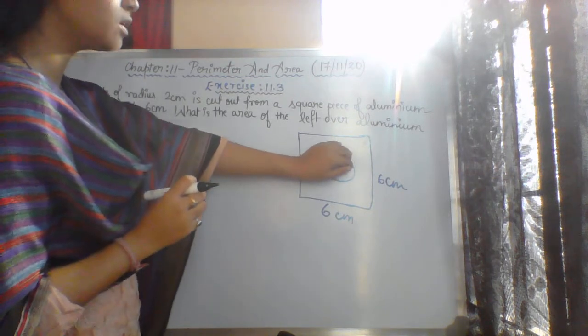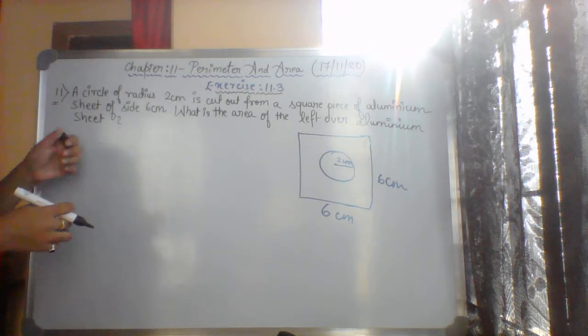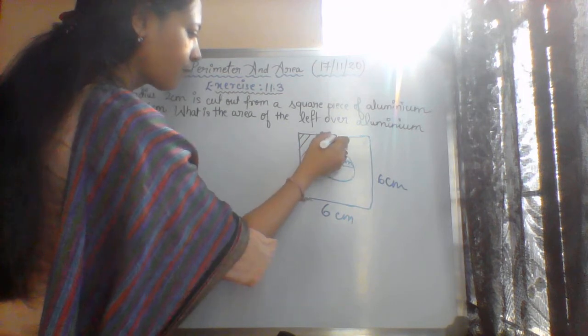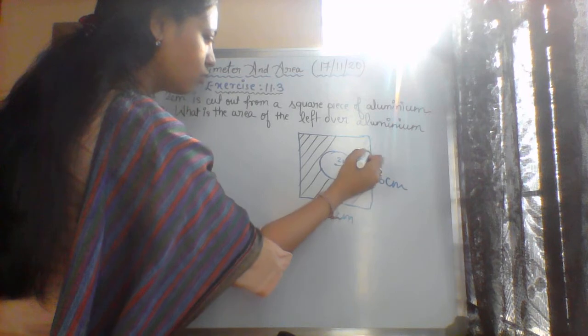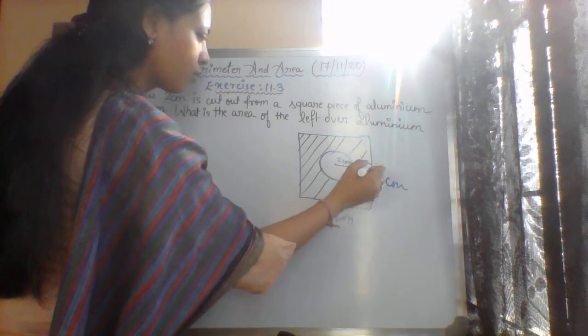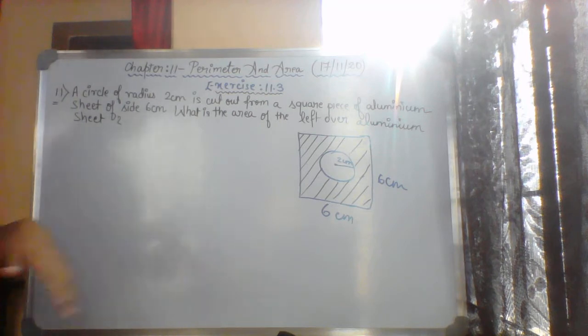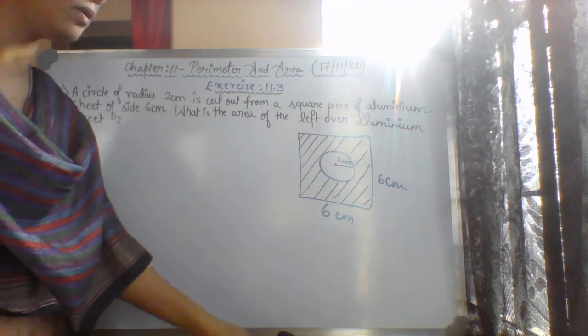If I remove this circle, what is the area left for that aluminium sheet? That area we are going to find out. The leftover part after cutting this circle from that square aluminium sheet.